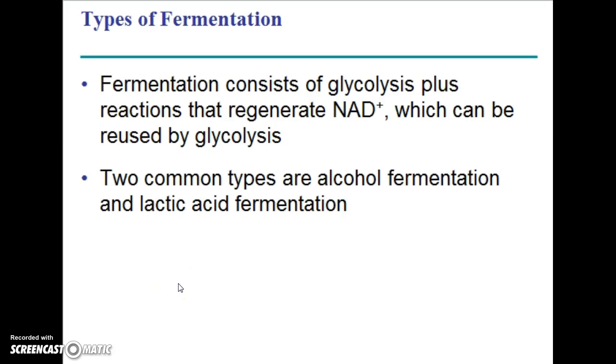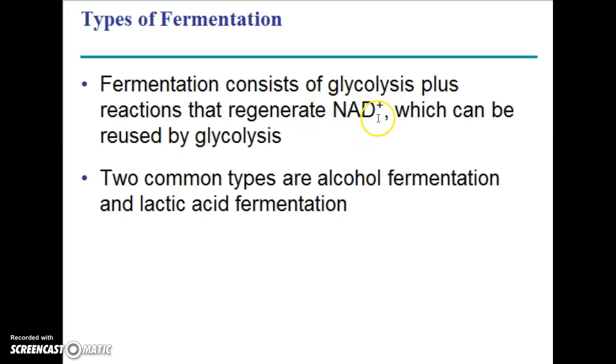So fermentation can come in one of 2 types. There's alcohol fermentation and lactic acid fermentation. This process occurs in the absence of oxygen, so this is an anaerobic reaction. It's similar to cellular respiration in that it consists of glycolysis and also interactions between NAD becoming an electron acceptor and an electron donor.